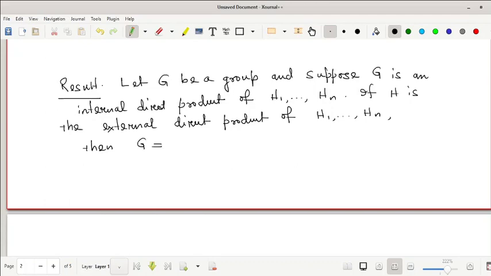Then G is isomorphic to H. So that means basically there is no difference between internal direct product and external direct product.